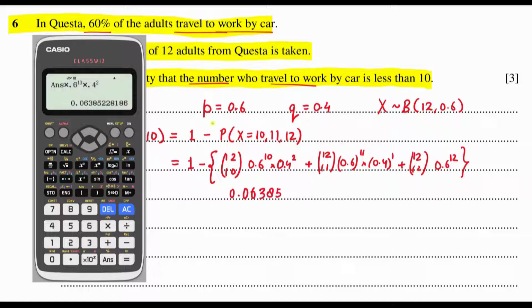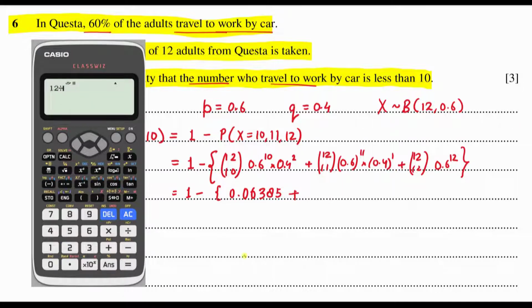I'll write till here. Of course it is 1 minus the whole thing, plus the second value, 12C11 multiplied by 0.6 to the power 11 and then multiplied by 0.4 to the power 1.